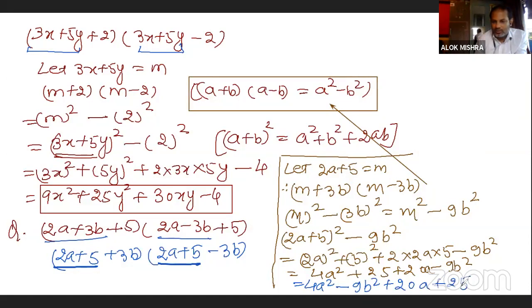If the answer is not written in this particular format, then there may be a deduction of half marks or maybe 1 mark, because it is advised that I write down the variable terms first. I'll have to write down the terms containing variables and then the terms containing the constants. Fine? Clear? Yes.